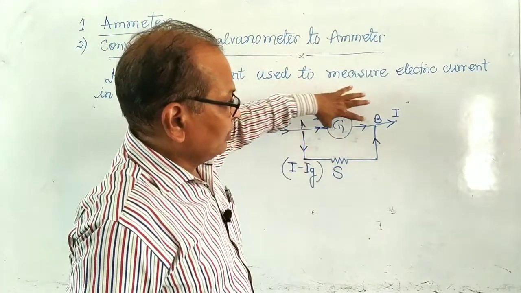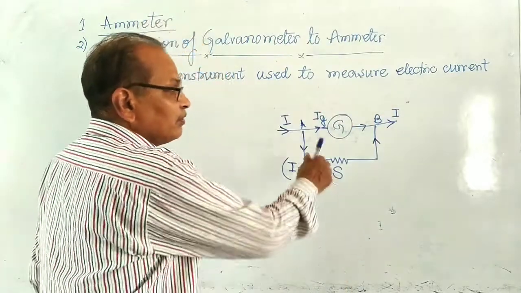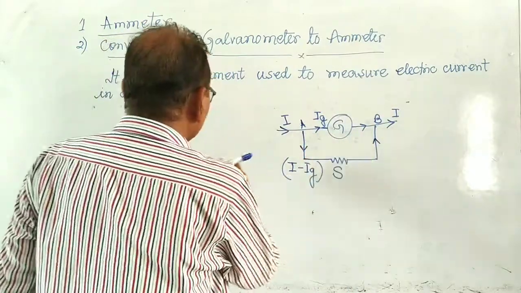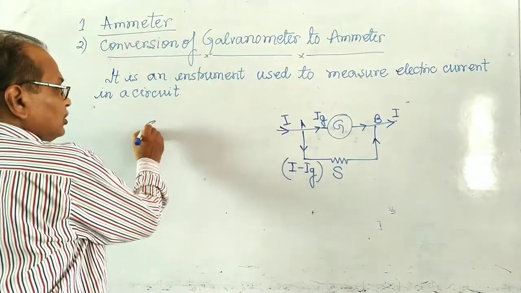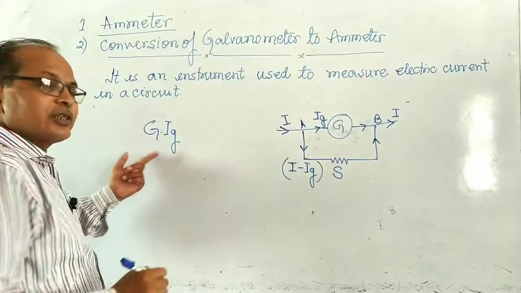See these two terminals. Therefore, the potential difference across the galvanometer is G into Ig, current into resistance.